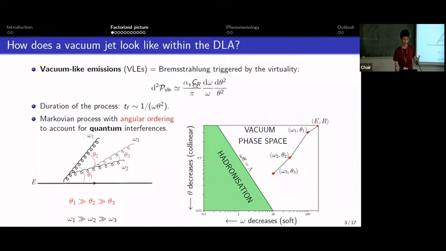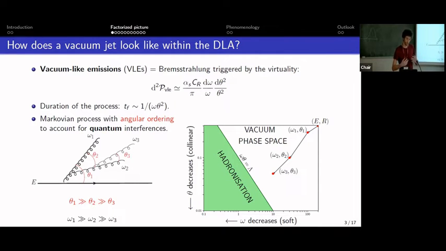It has this very well-known double logarithmic enhancement in both the soft and collinear regimes. It's also interesting for parametric estimations to build a formation time for a given emission, which is associated with the spectrum that goes like 1 over omega times theta squared, as you all may know.